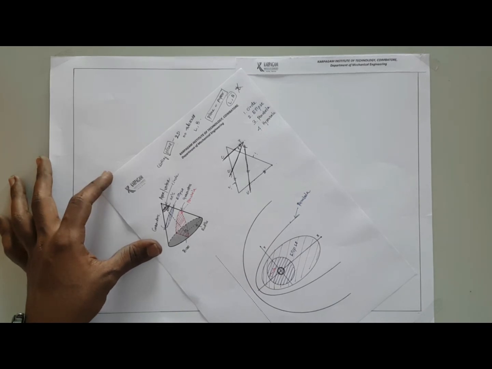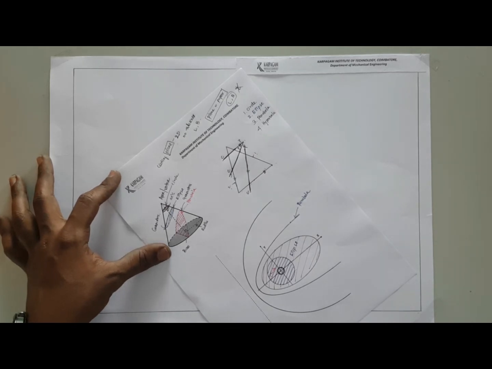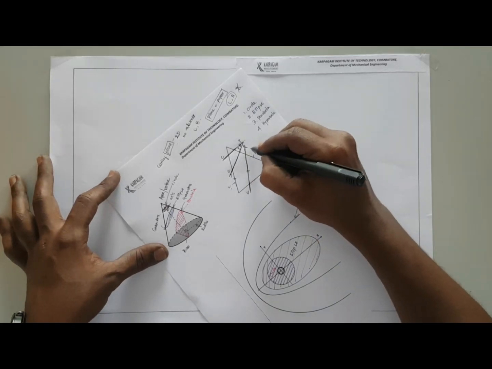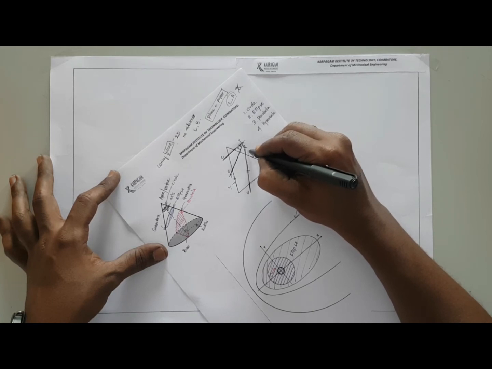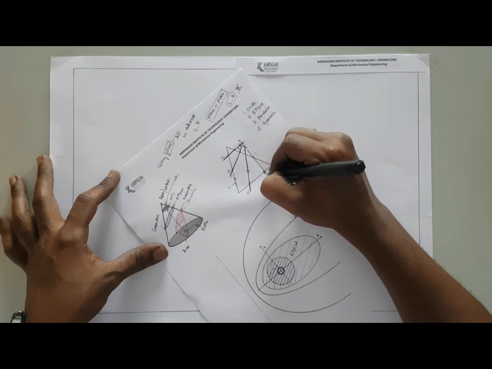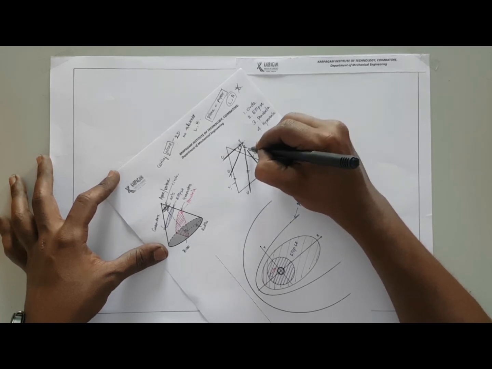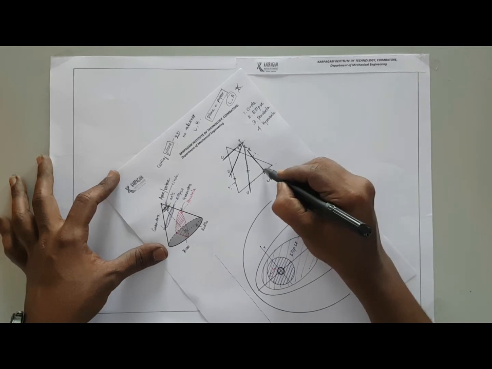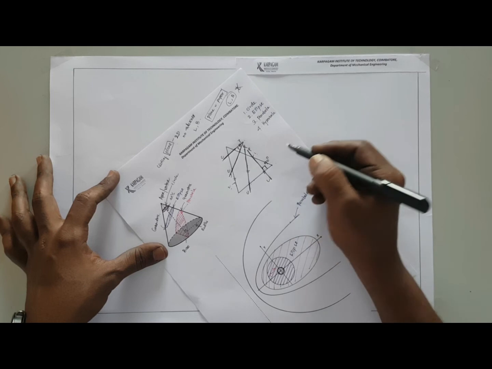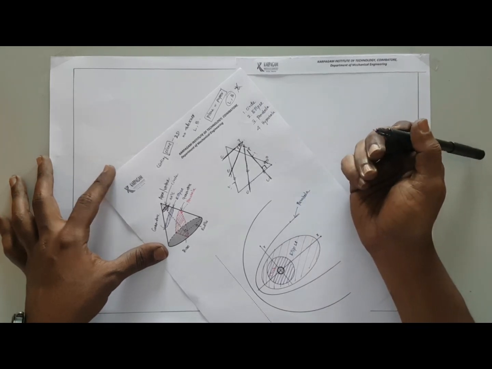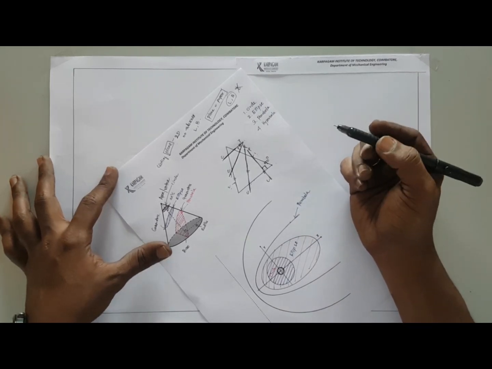How can we get hyperbola? Take the cutting plane, cut the cone like this. This is your cutting plane, and the angle between the cutting plane and the base of the cone should be 90° right angle. Should be 90° right angle.